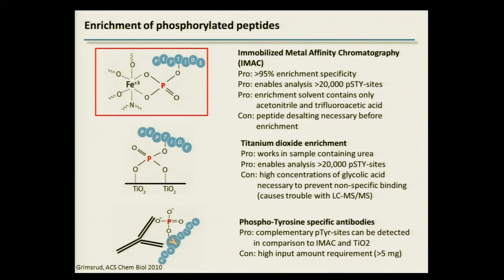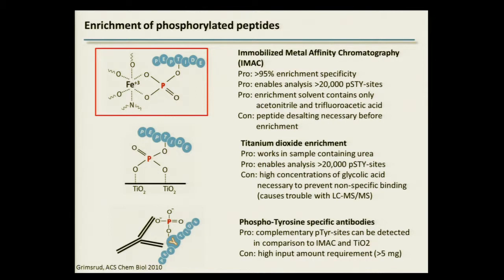And a nice thing about IMAC is also that the solvents we use during enrichment are really compatible also with other workflows because they only contain acetonitrile and trifluoroacetic acid and can therefore simply be evaporated. A disadvantage of IMAC is that peptide desalting is necessary before enrichment, otherwise the enrichment doesn't work properly.